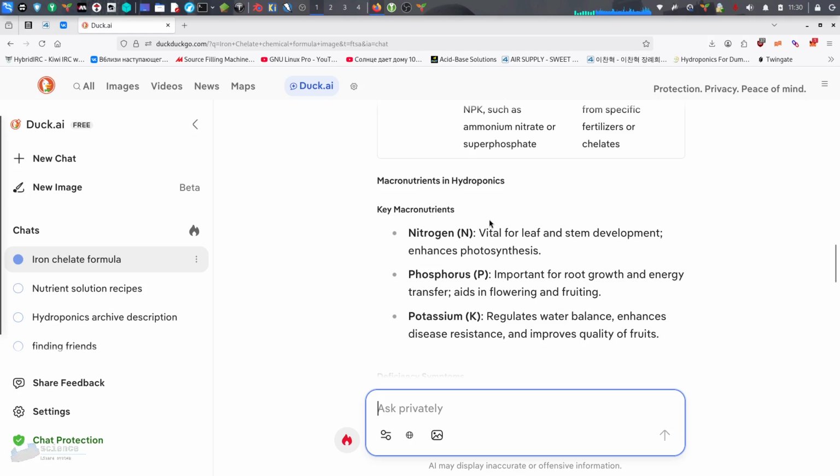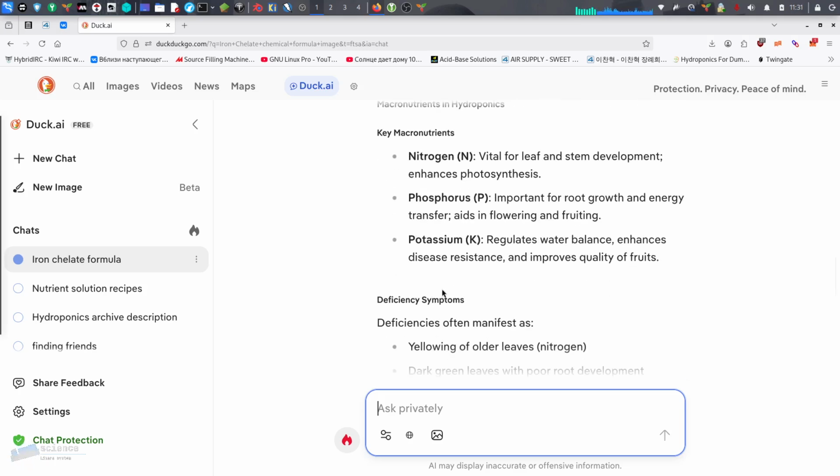Macronutrients: nitrogen, phosphorus, potassium. Nitrogen vital for leaf and stem development. Enhanced photosynthesis. Phosphorus important for root growth and energy transfer. Aids in flowering and fruiting. Potassium regulates water balance, enhances disease resistance, and improves quality of fruits.